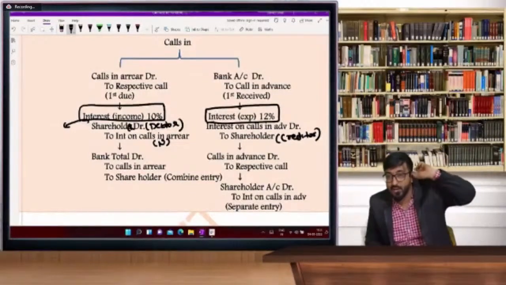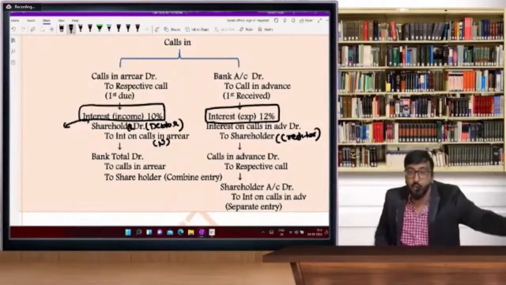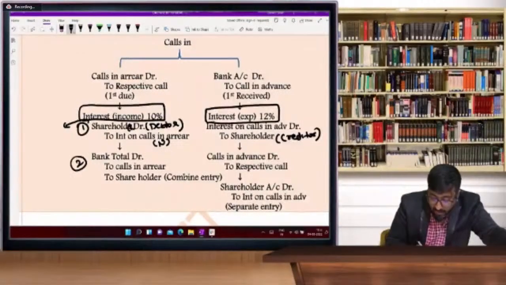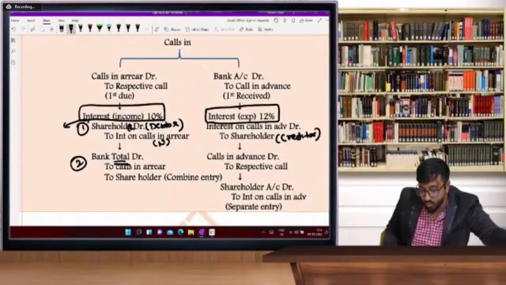In case of arrears, he's our asset. We have to take money from him. He's a debtor, receivable. And in case of expenditure, we have to pay him, so he's a creditor. So the entry will be shareholder to interest on calls in arrears. And second entry, bank account debit, total amount to calls in arrears to shareholders.